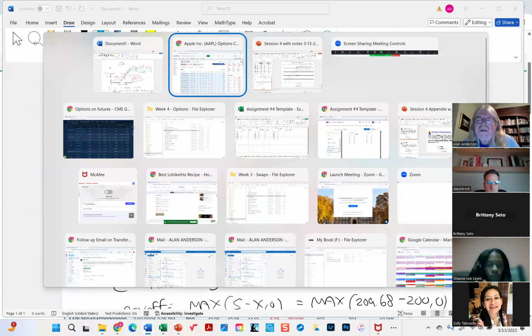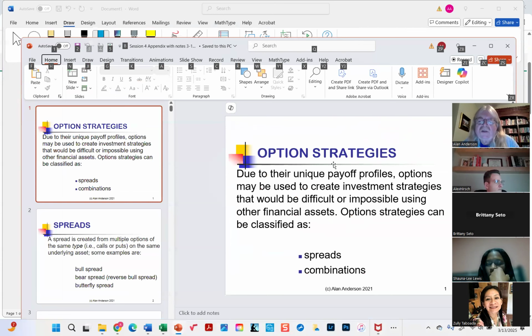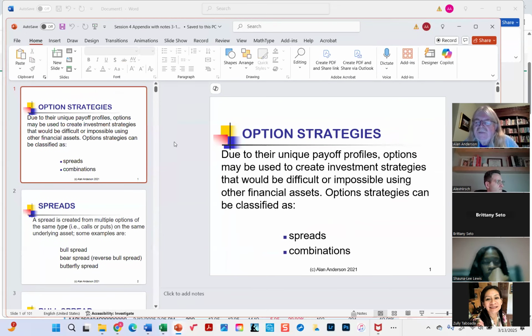So let's jump ahead to that part. This will be the appendix now, where we're focusing all of our attention on strategies. All right, now this is just the tip of the iceberg. We're going to have two basic types of strategies here. The first one is called spreads, and the second one is called combinations. What separates the two is what kind of options are used to create them.